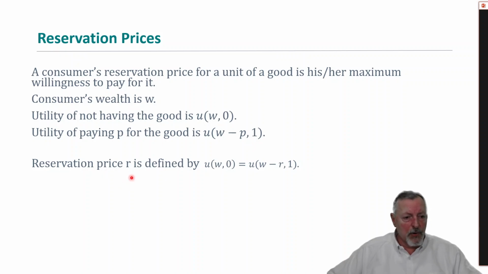The reservation price, R, is the price you would have here, such that these would be exactly equal. So this is the price that you think it's worth just this much, but no more.